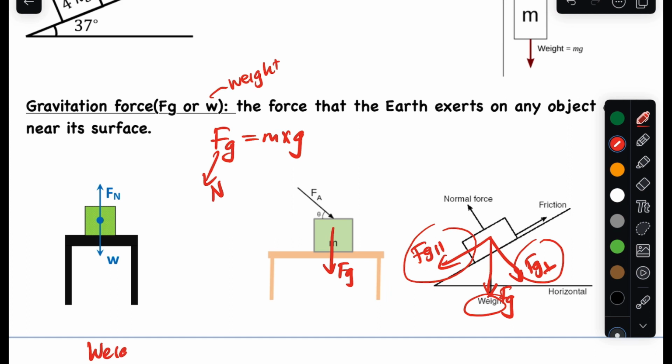Guys, it's very important to differentiate. When we talk about the weight, we're talking about the gravitational force. The weight is measured in newtons, it's a force, but the mass is measured in kilograms. So the mass is an amount of what? Of matter.